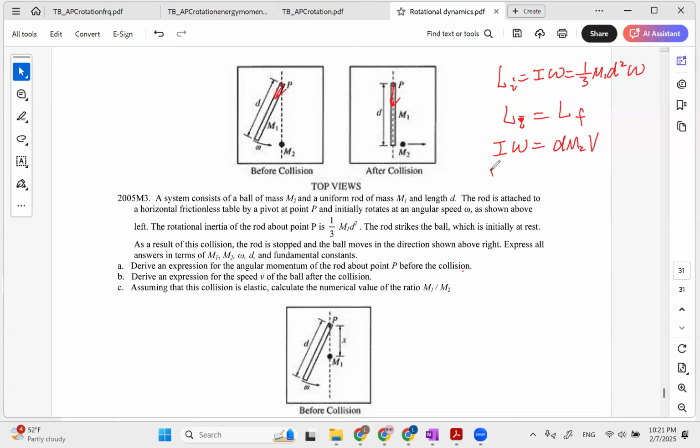So your v would be 1/3 m1 d squared divided by d m2, times omega. So you'll get m1 d omega over 3 m2. That's v, right?